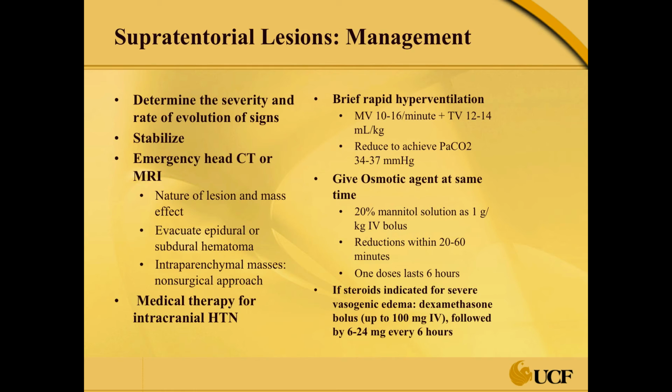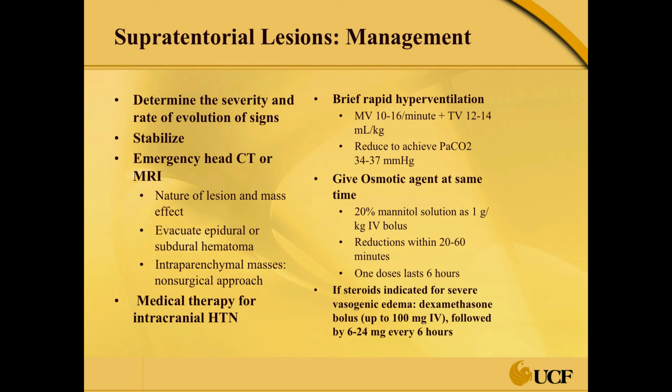Give an osmotic agent at the same time. So mannitol is going to be your osmotic agent of choice here, at 20% as a 1 gram per kilogram bolus. One dose will last 6 hours. Okay, if steroids are indicated for severe vasogenic edema, then we give Decadron.